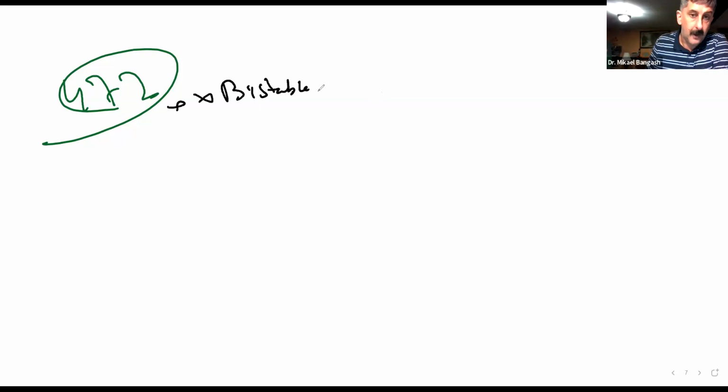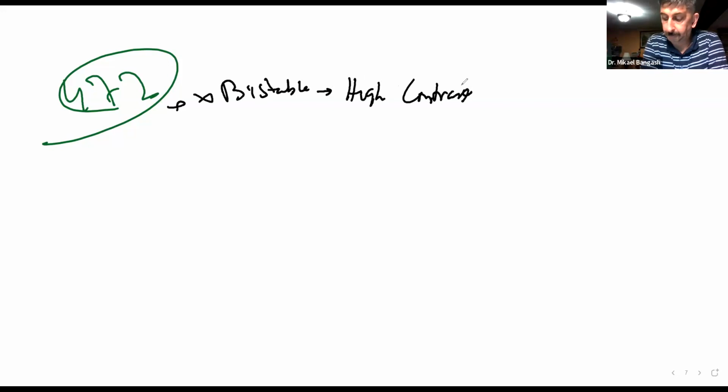Option B: something which is bistable is going to have a high contrast. Right? But due to this high contrast, that's going to translate into a low grayscale.